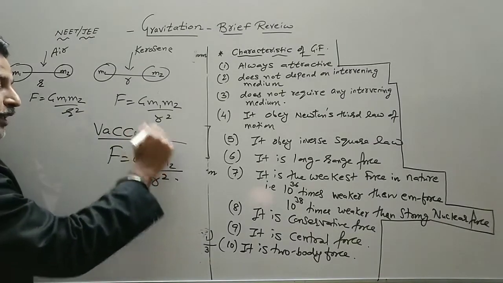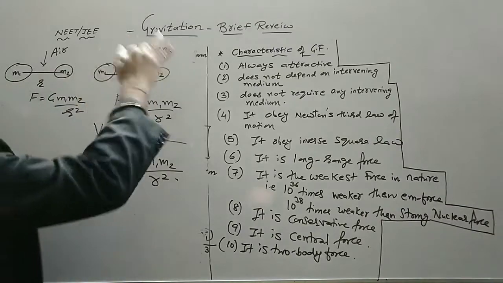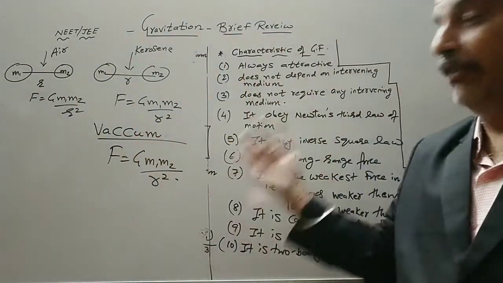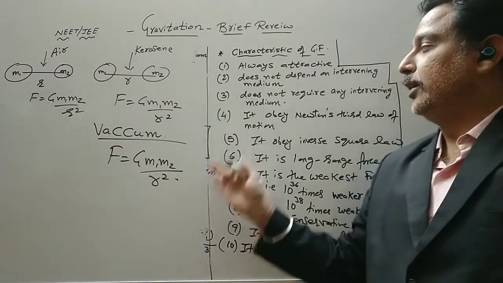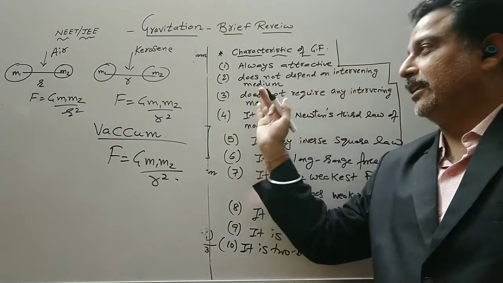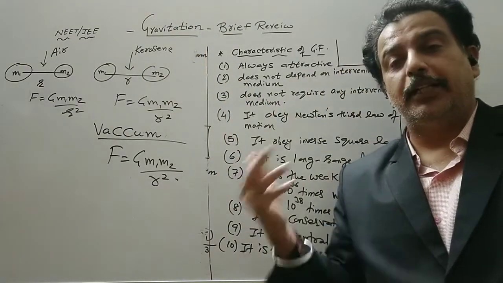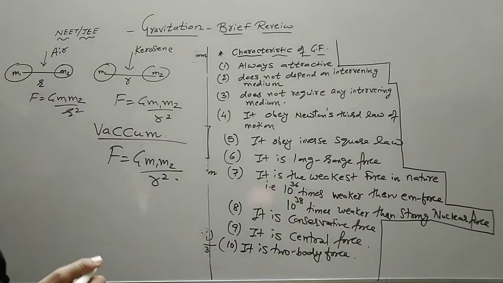So it is not necessary that this force requires any medium. Even if it does not have any medium, that is, it has a vacuum, then also this force will act, and in all the cases, whether it has a medium or it does not have a medium, the magnitude of the force between the two bodies remains the same.